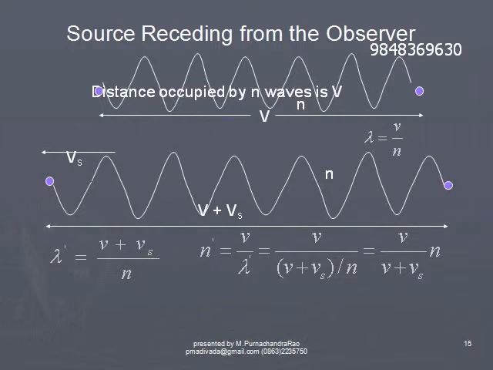Substituting the value of lambda prime, we get n prime is equal to V divided by V plus Vs by n, that is equal to V divided by V plus Vs whole multiplied by n. This is the relation for apparent frequency when the source is receding from the observer.